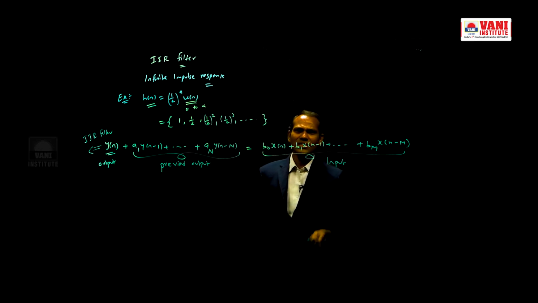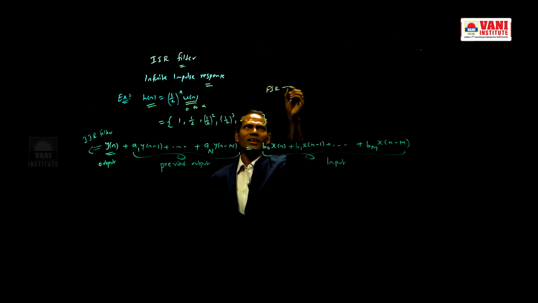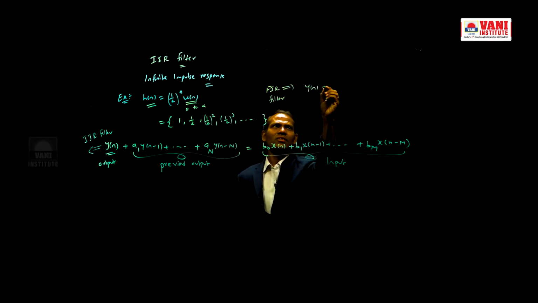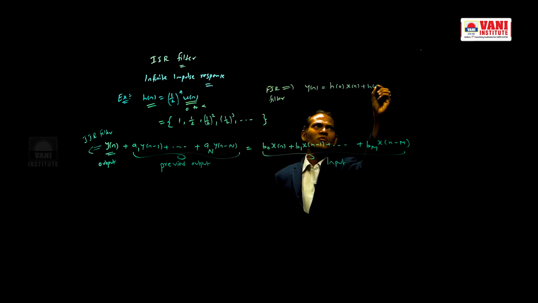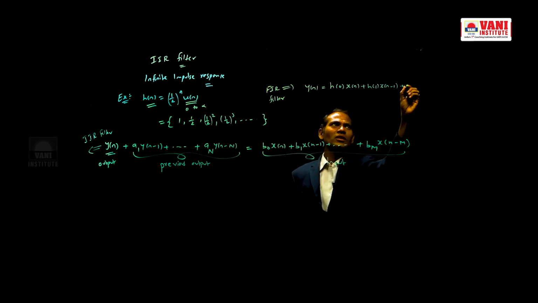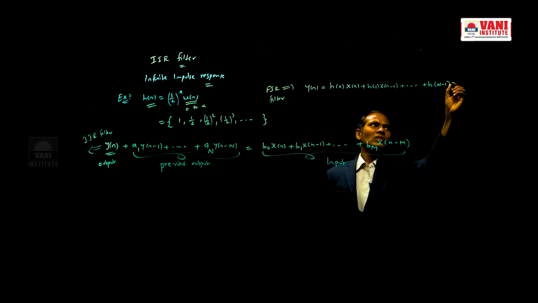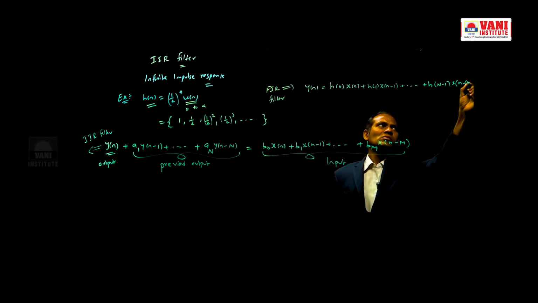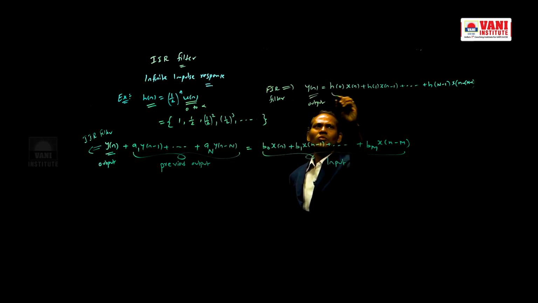I have already discussed about FIR filter. In FIR filter, the input output relation will be like this: y of n will be equal to h of 0 into x of n plus h of 1 into x of n minus 1 and so on. If you observe, it is depending on only input.